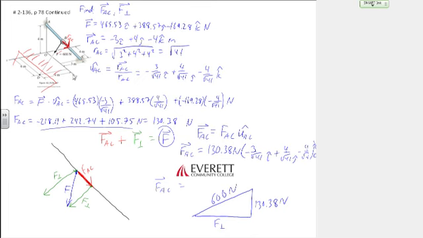This makes it a little bit easier. We can say that 130.38 newtons squared plus F perpendicular squared equals 600 newtons squared. Solve for F perpendicular.